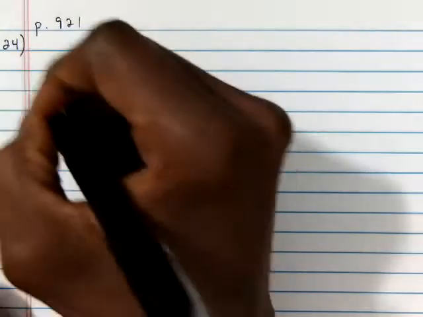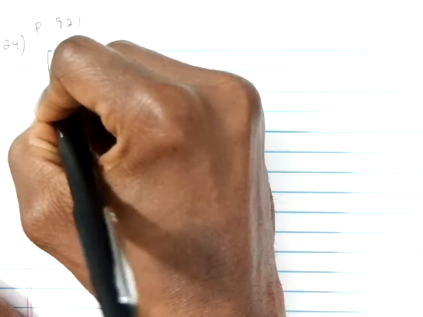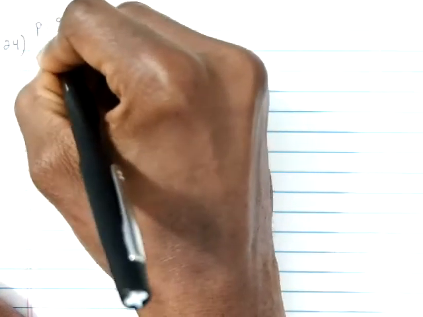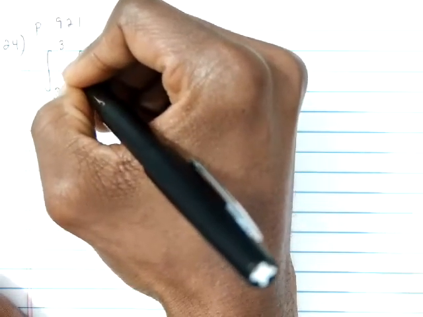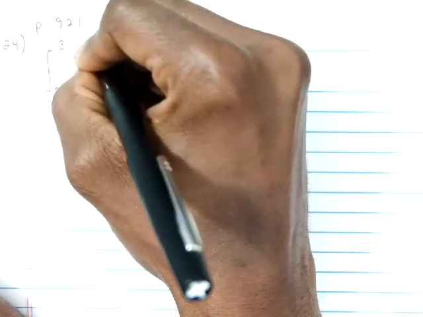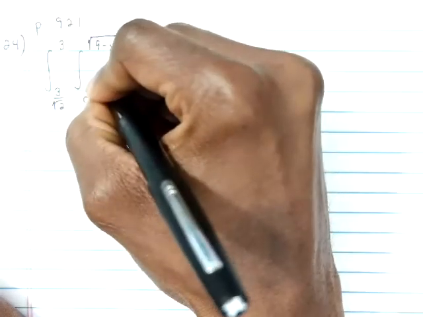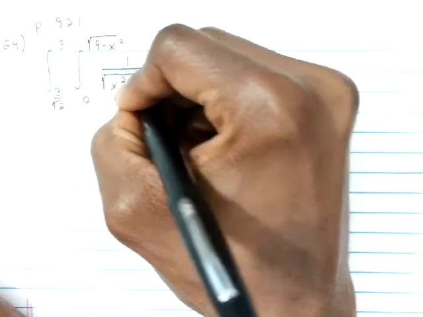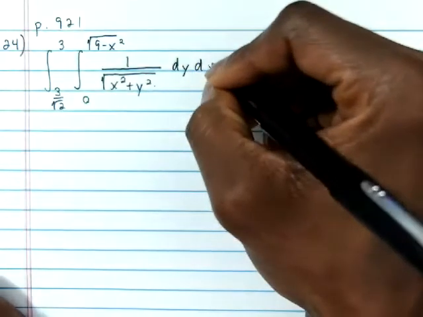And they give us the integral from 3 over root 2 to 3, and then from 0 up to the square root of 9 minus x squared, of 1 over the square root of x squared plus y squared, dy dx.